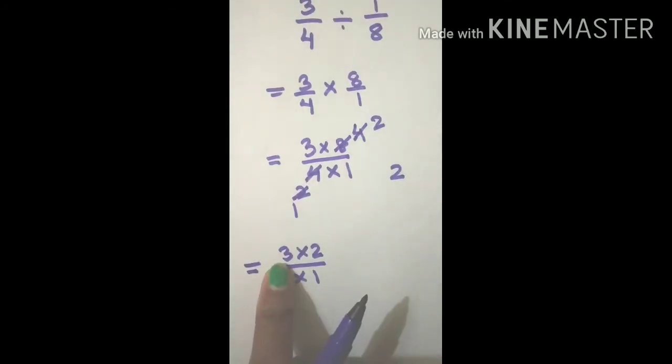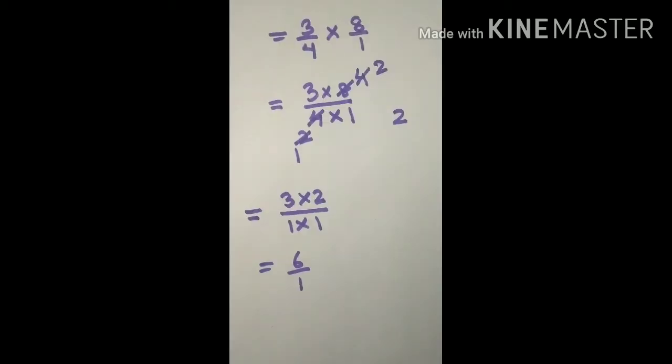Students, 3 multiplied by 2 is 6 and 1 multiplied by 1 is 1. So we get 6 by 1. So students, we can simply write 6 by 1 as 6, because if the denominator is 1, it is not necessary to write 1 in the denominator.